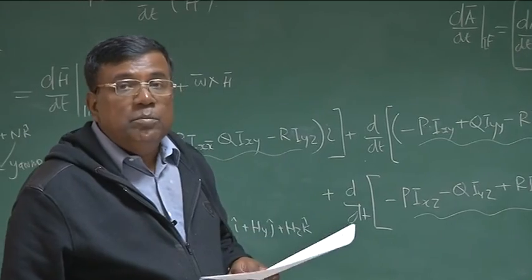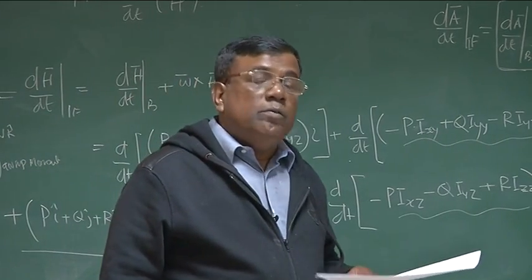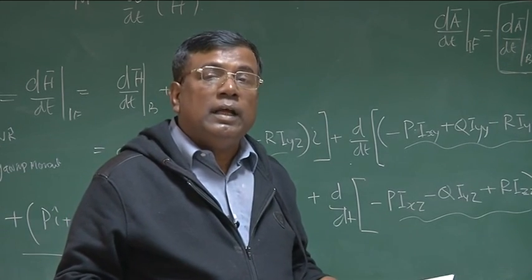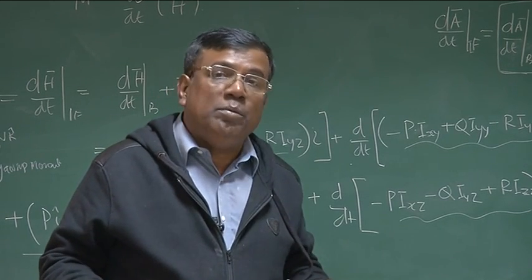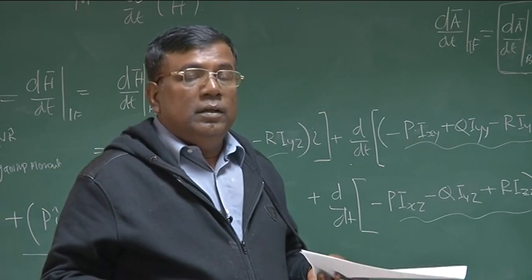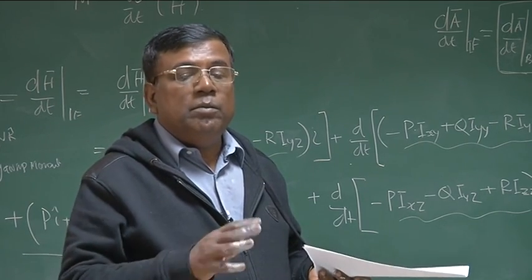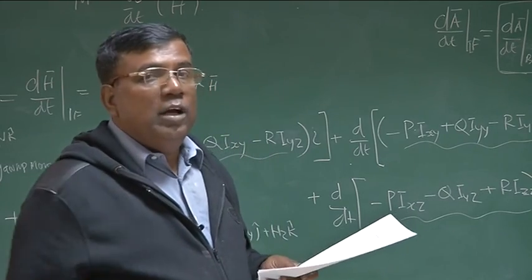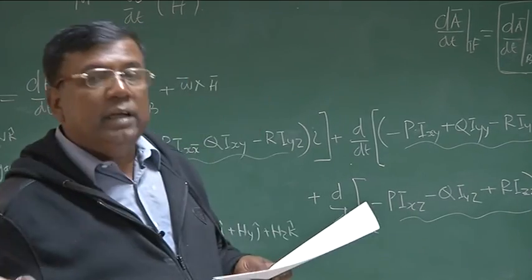So it is extremely important to define some equations to model the axis orientation of the airplane, because the axis is fixed to the body. As the body moves, the axis also moves. How do I define the orientation? That orientation again we have to define with respect to the inertial frame.